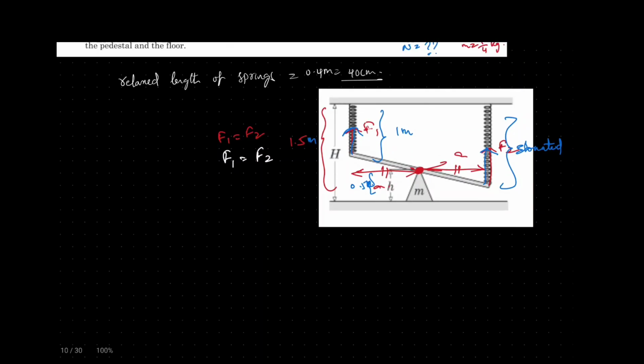Now this is elongated less, and this is elongated more.